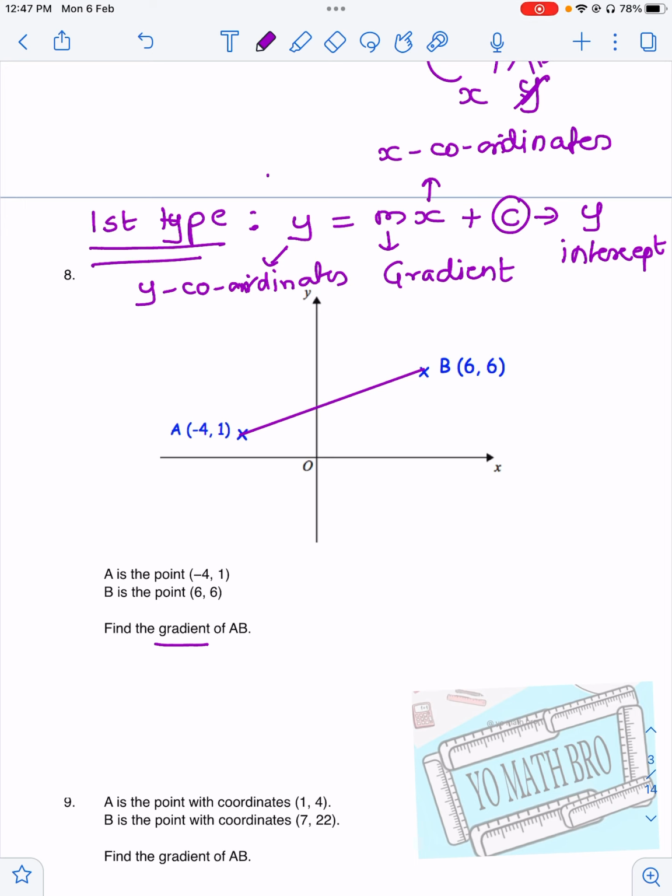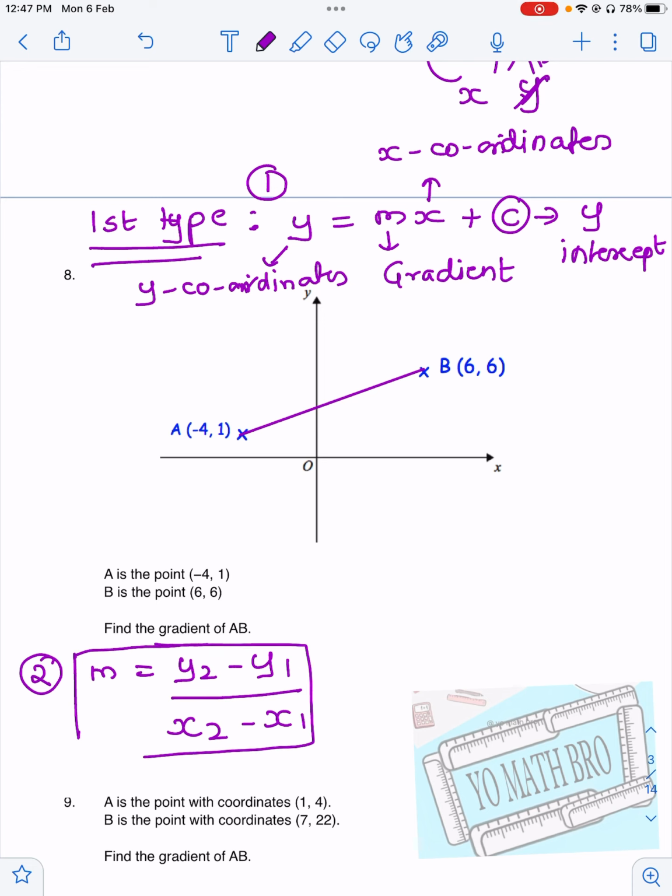So this is the first formula which you have to remember. And the second formula which you have to remember for gradient, I am going to denote here by M. It is y2 minus y1 upon x2 minus x1. This is the formula you need to use for finding the gradient. So they can ask you the gradient by drawing the line graph, or they can ask you the gradient by giving you two coordinates.